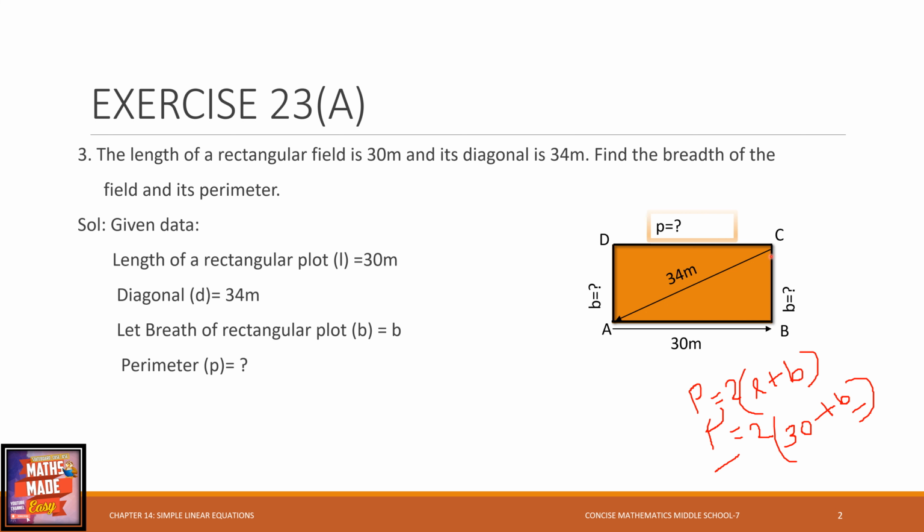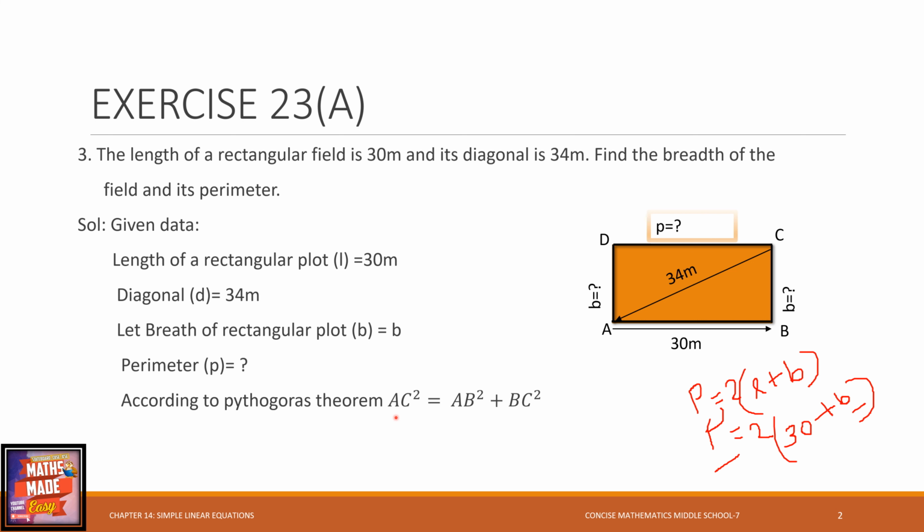By using this Pythagoras theorem, you can find out the B value, since we know this value, hypotenuse, as well as this base value. So you don't know this value, right? So you can easily find out this value. B is equal to how much? Right, children? If you missed that topic, you can check out my playlist. I have already done many problems on this Pythagoras theorem.